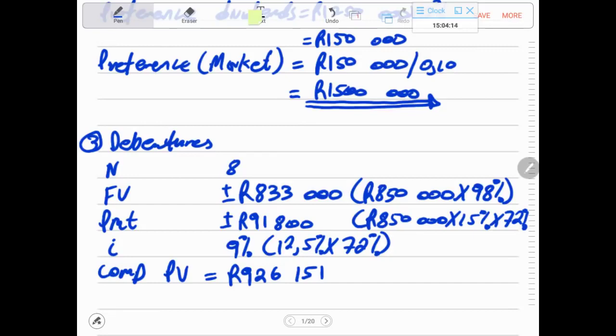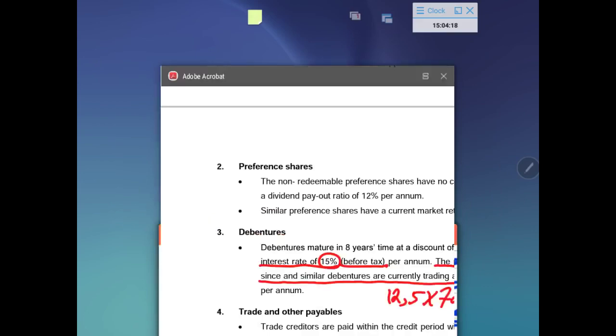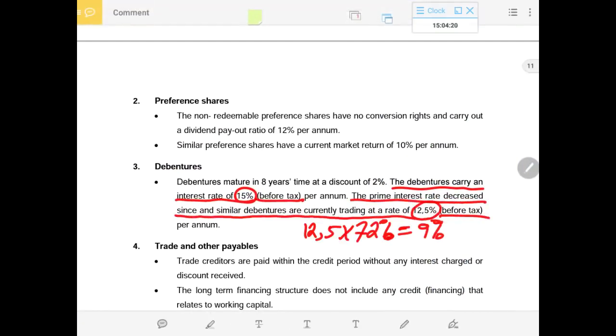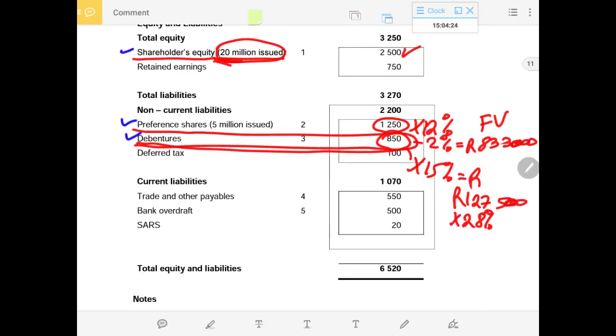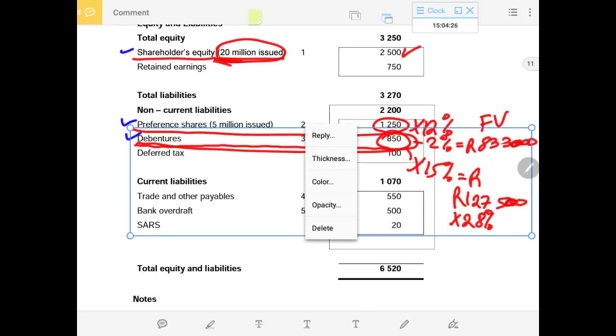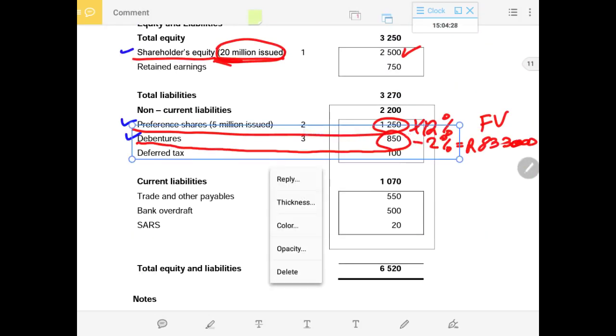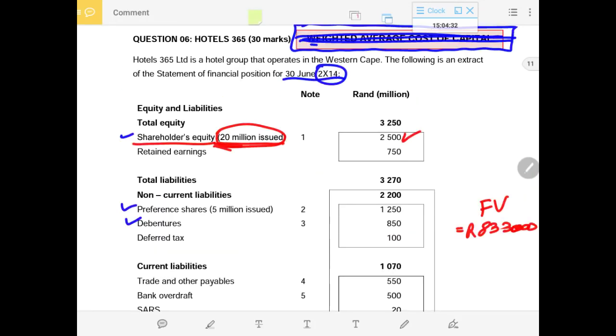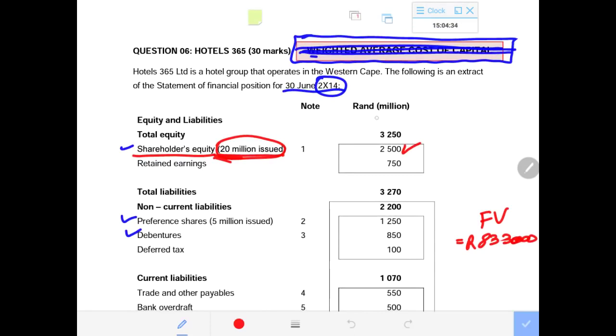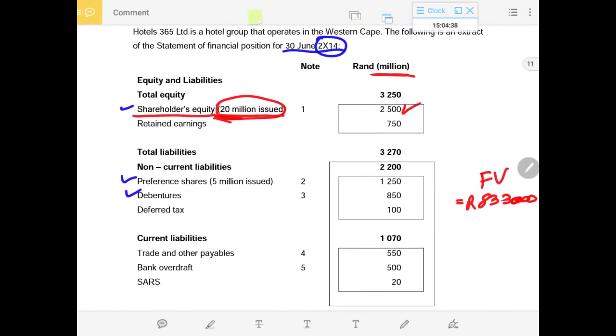So it's 926,151 rands. I just want to confirm that my decimals have all been taken into consideration. Let me check if my figures are in millions. Oh, my figures are in millions. So we have 2,500,000 there.